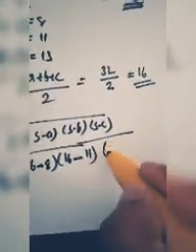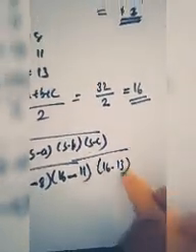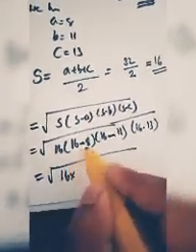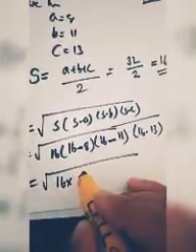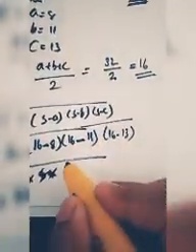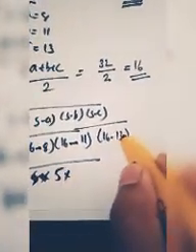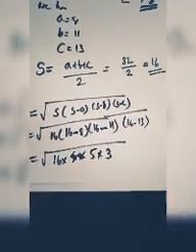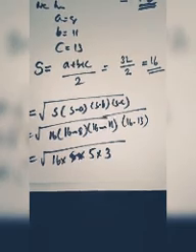What is 16 minus 8? It's 8. Then 16 minus 11 is 5. Then 16 minus 13 is 3. Clear?